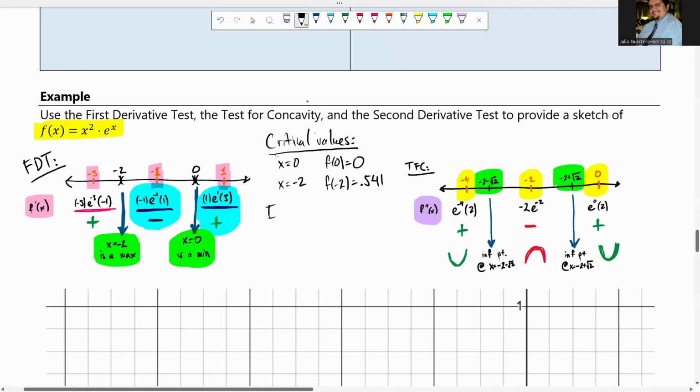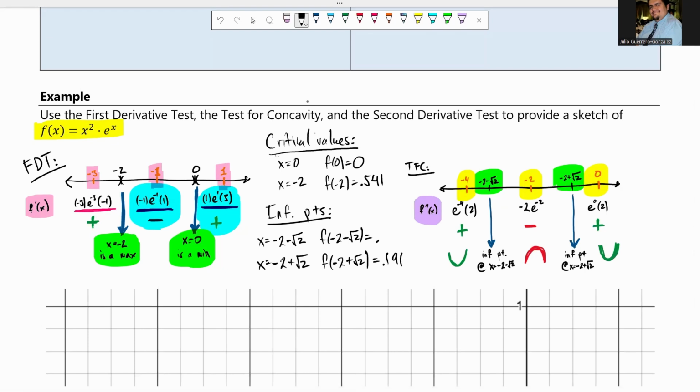And then inflection points, we have x is equal to -2 minus √2, x is equal to -2 plus √2. -2 minus √2, let's do that one first. 0.191. f of -2 plus √2, I got them backwards. 0.191, and this one is going to be 0.384.